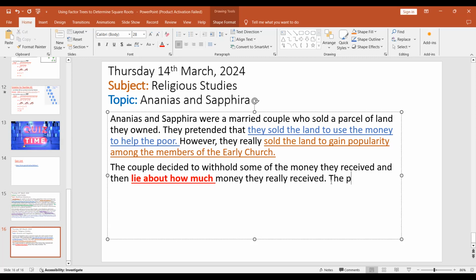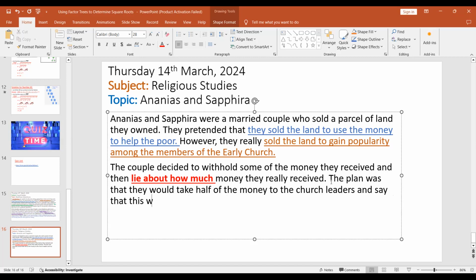The plan was that they would take half of the money to the church leaders and say that this was all that they had received.